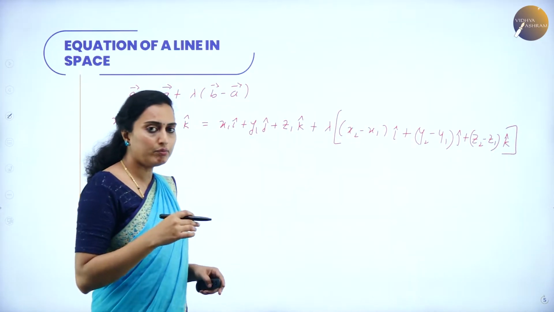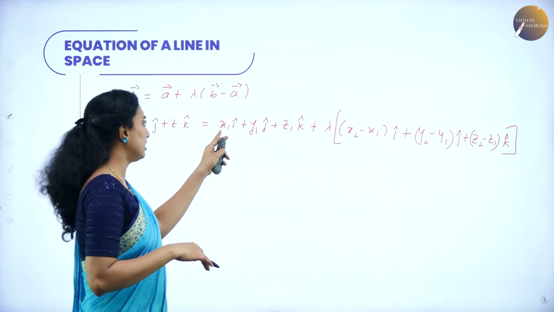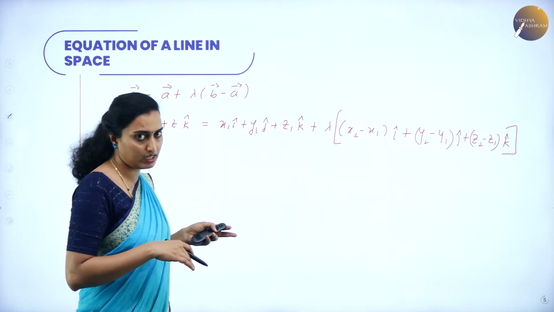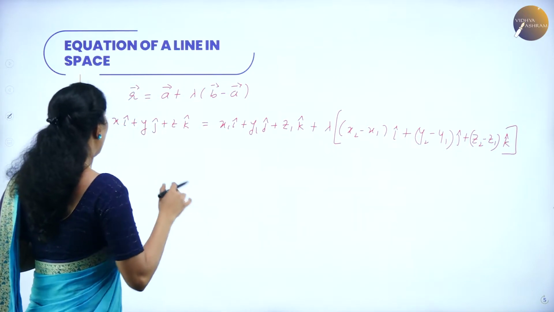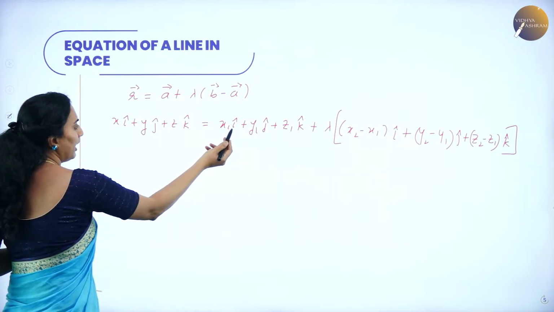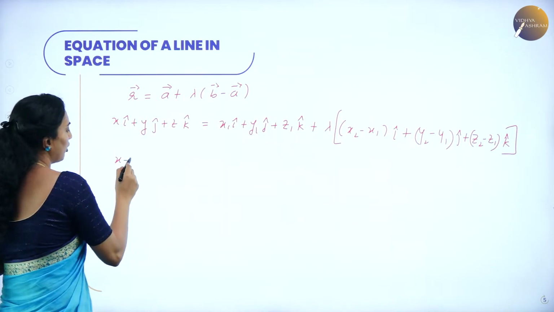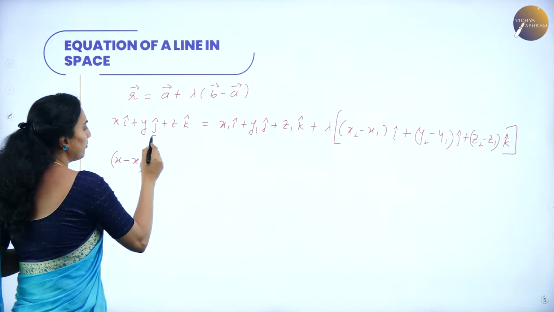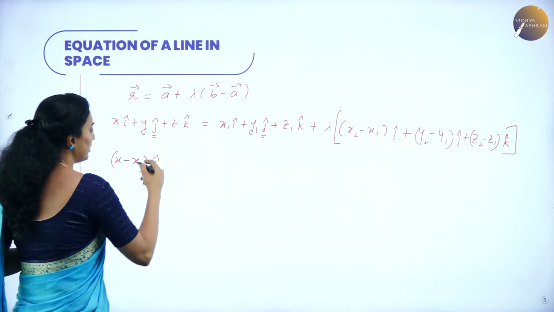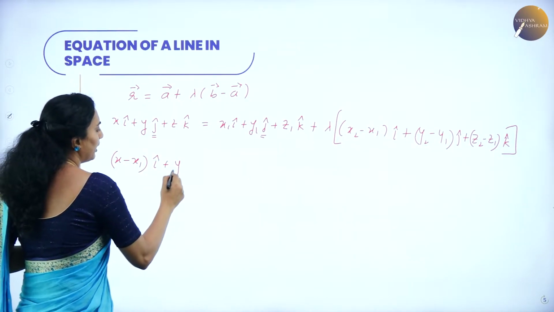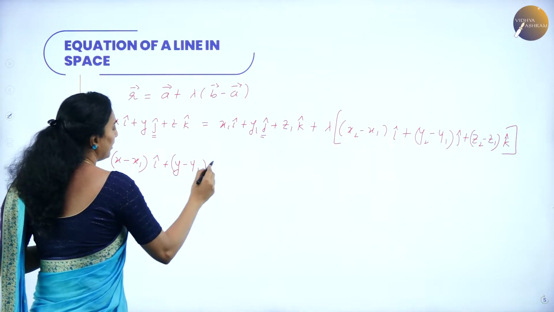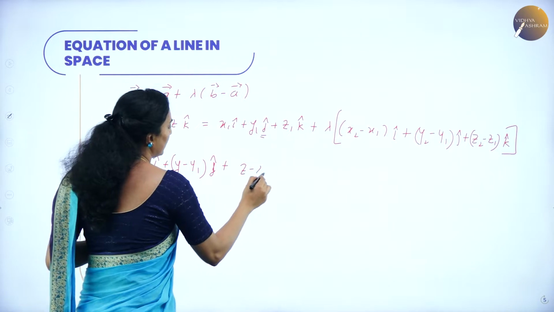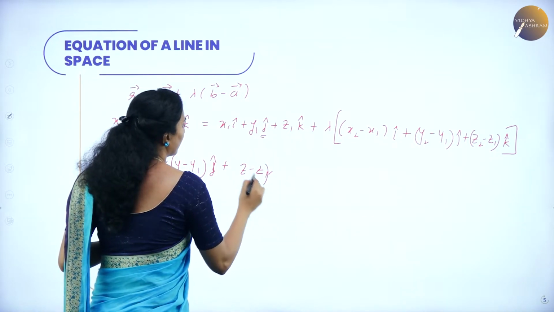Now I am going to take x1i plus y1j plus z1k to the left hand side. So I can take i as a common factor: x minus x1 into i, then j as a common factor, plus y minus y1 into j, plus similarly z minus z1 into k.